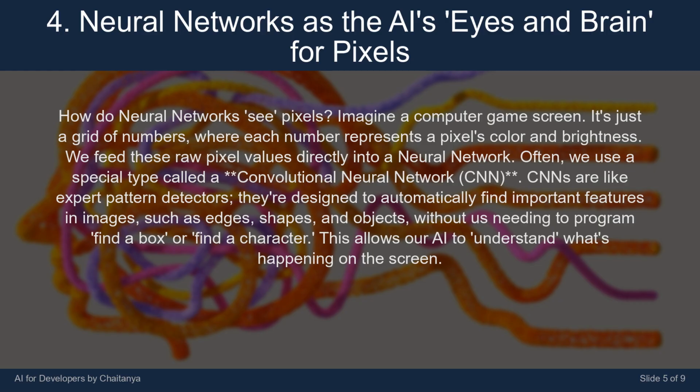CNNs are like expert pattern detectors. They're designed to automatically find important features in images, such as edges, shapes, and objects, without us needing to program, find a box, or find a character. This allows our AI to understand what's happening on the screen.